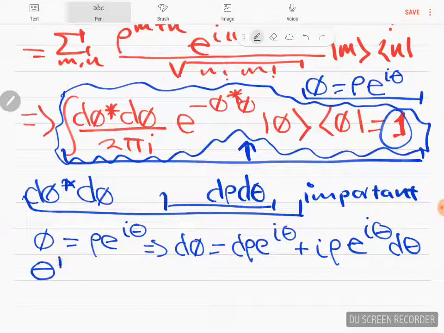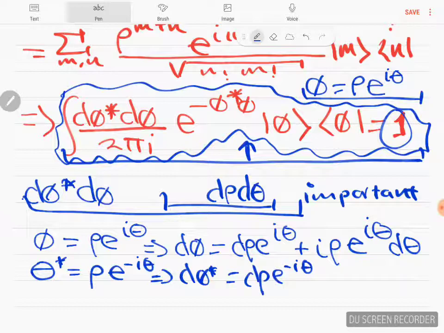Now phi star, conversely, is equal to rho e to the minus i theta. That means that d phi star is equal to d rho e to the minus i theta minus i rho e to the minus i theta d theta.